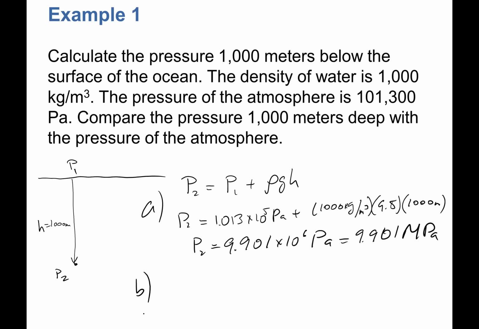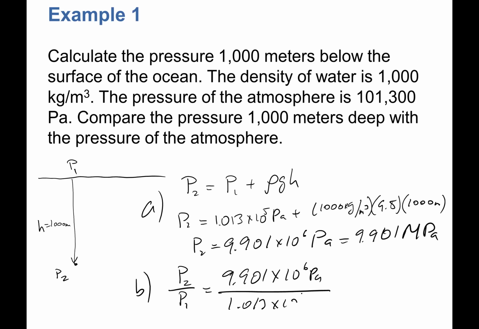The way you can compare is to do a ratio, pressure 2 over pressure 1. This one is 9.901 times 10 to the 6 Pascal, and this one is 1.013 times 10 to the 5 Pascal. When you divide them, you get roughly 100.